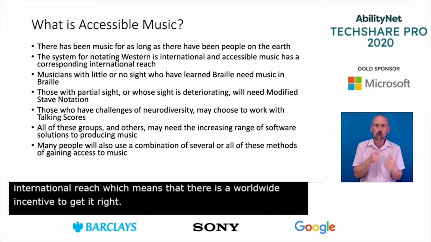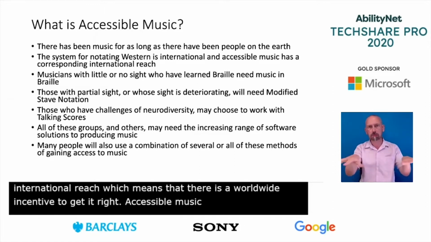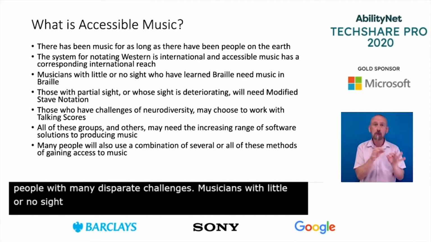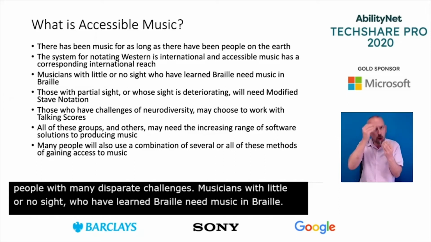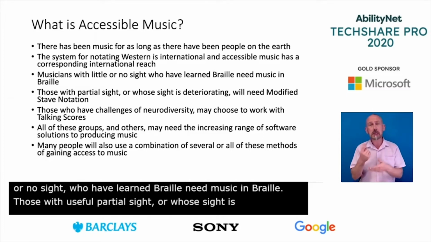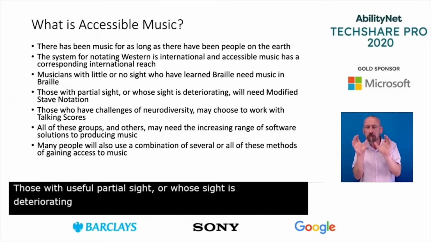Accessible music needs to reach people with many disparate challenges. Musicians with little or no sight who have learned Braille need music in Braille. Those with useful partial sight or whose sight is deteriorating will need modified Stave notation.